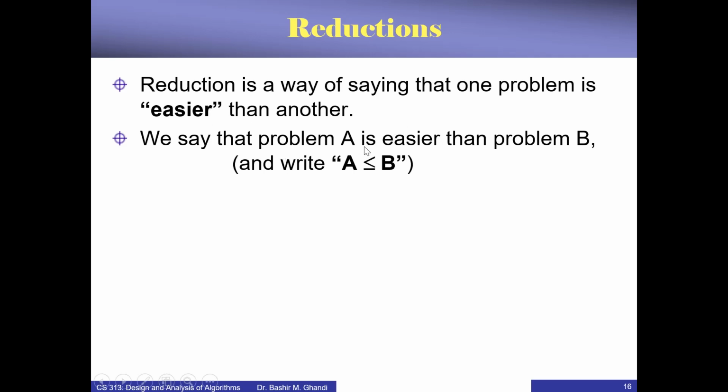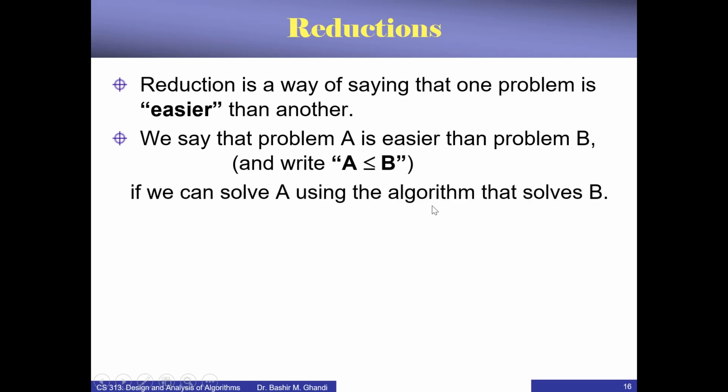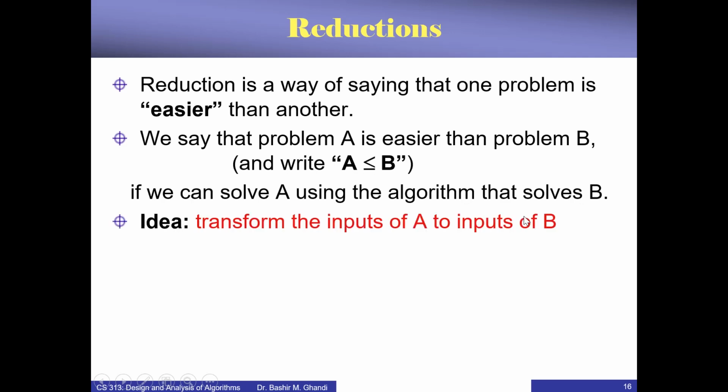We say that a problem A is easier than problem B, and we write it as A is less than or equal to B. So here, less than or equal to means A is easier than B, if we can solve A using the algorithm that solves B. So let's explore this idea a little bit more.